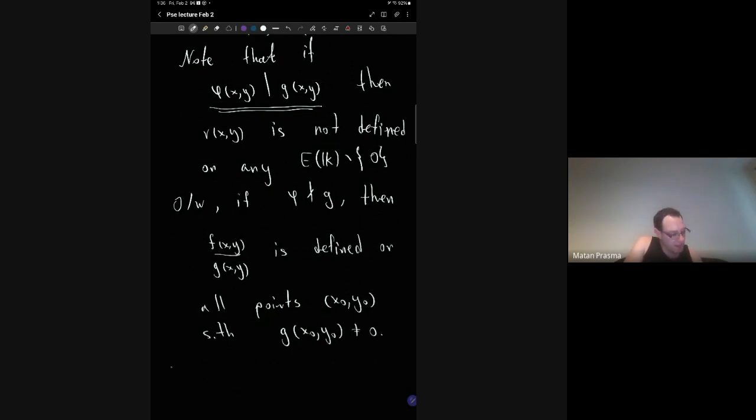And as a remark, how many points can there be such that g(x0, y0) is non-zero? Remember, these need to be points in E(k). So it is really an intersection of two curves. And there is a theorem that two curves can intersect at most in the multiplication of their degrees.